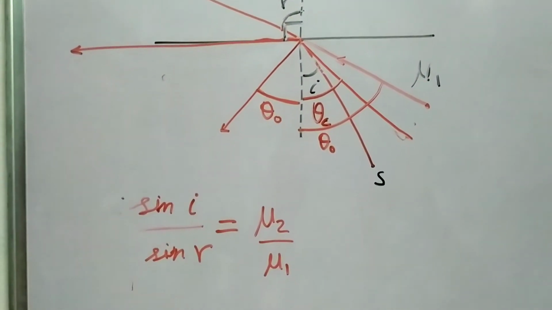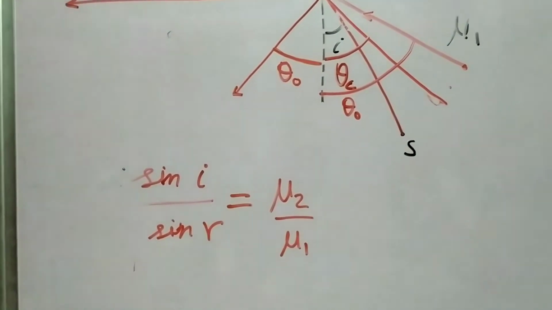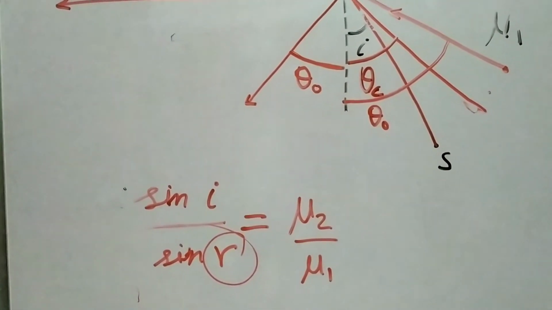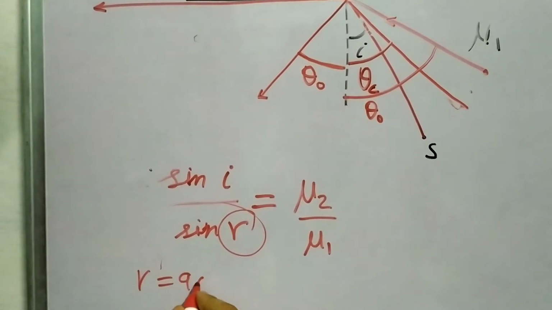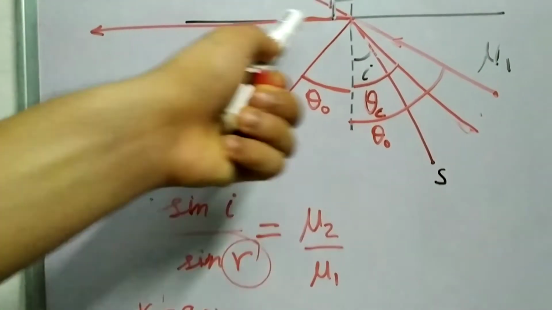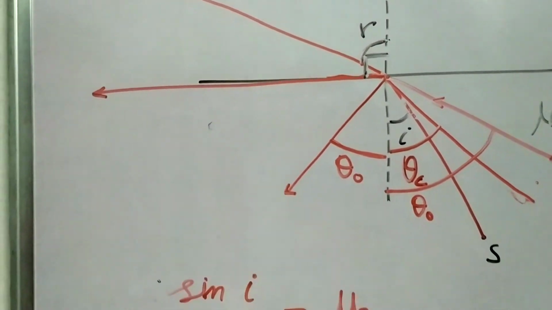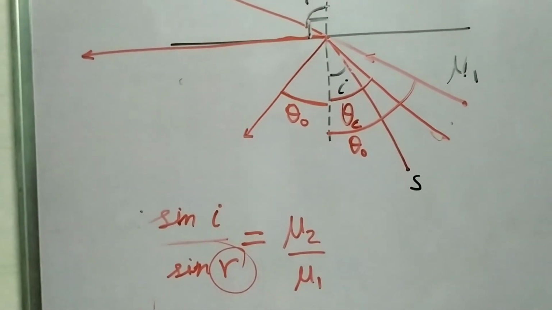This is what Snell's law tells us. Now our angle of refraction, this one, is 90 degrees. Clearly, yeah, you can see this is 90 degrees. So what is sine of 90 degrees? Sine of 90 degrees is nothing but 1.